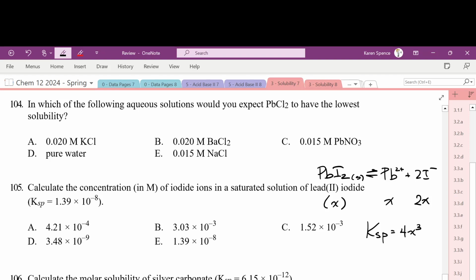All right, so we now have 1.39 times 10 to the minus 8 divided by 4 is equal to x cubed. So x is equal to the cube root of 1.39 times 10 to the minus 8 divided by 4, which is 1.5 times 10 to the minus 3.